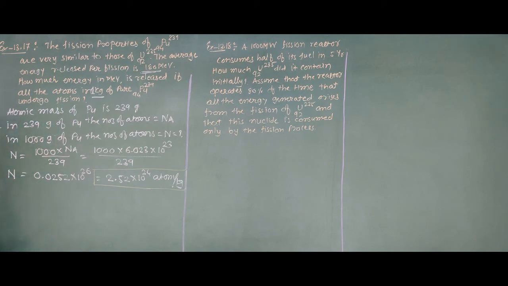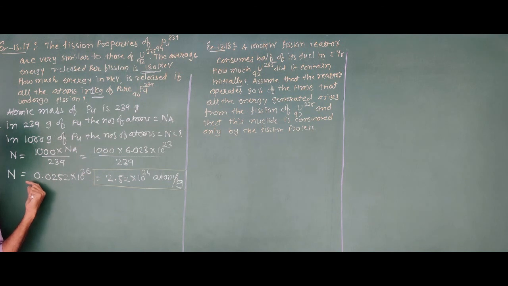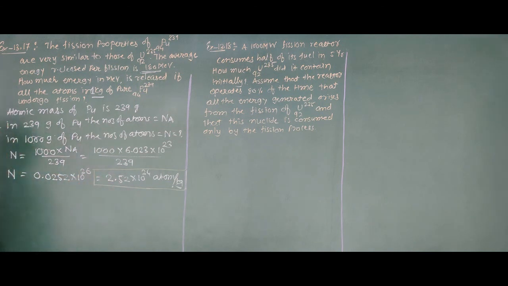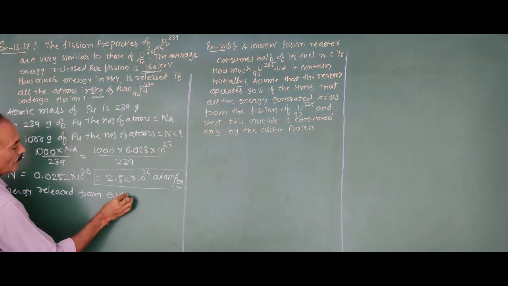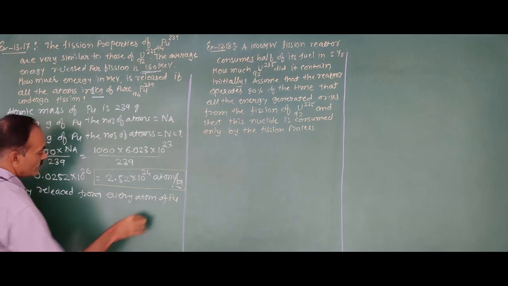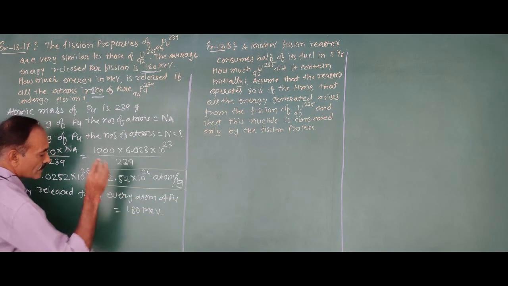Therefore, due to the fission of n atoms, how much energy is released? The energy from every atom of plutonium is equal to 180 MeV.